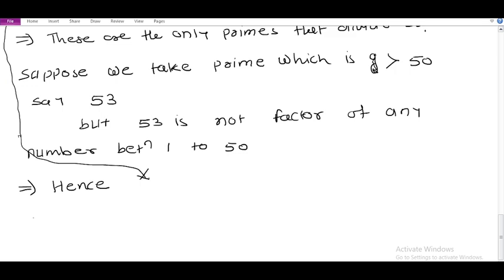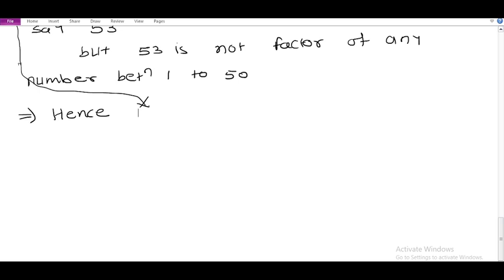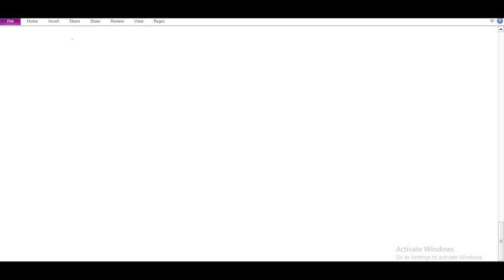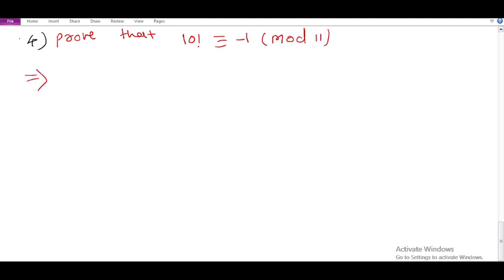Now next example, number 4. Prove that 10 factorial is congruent to minus 1 mod 11.